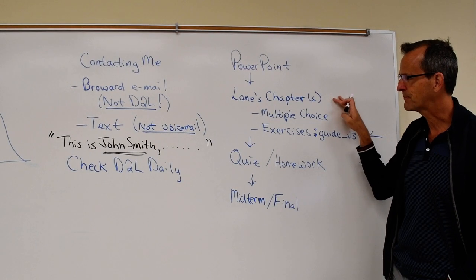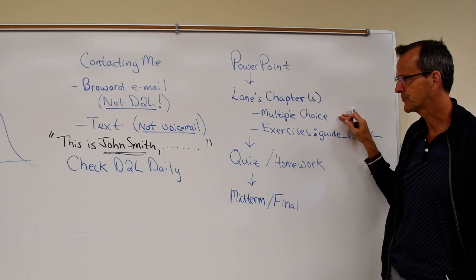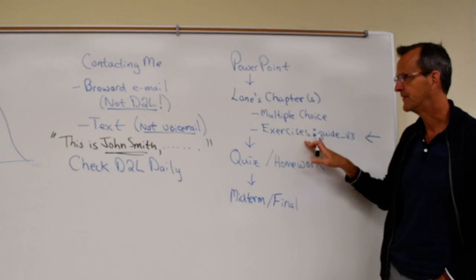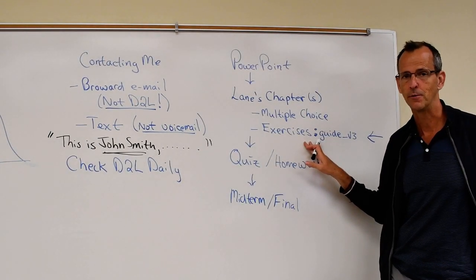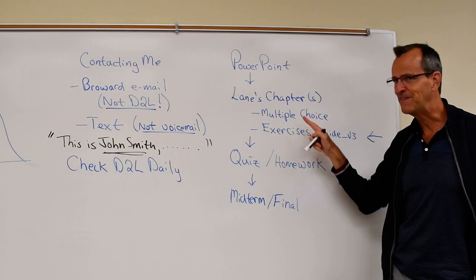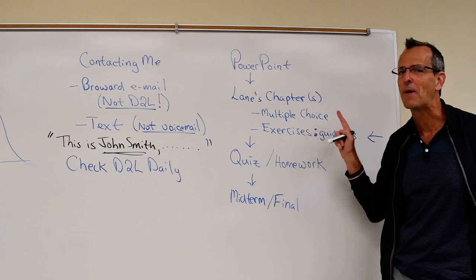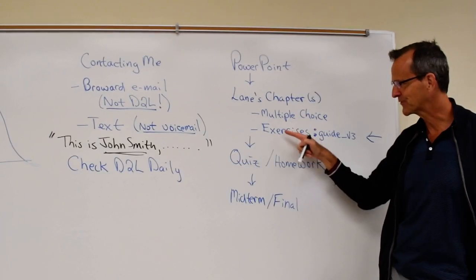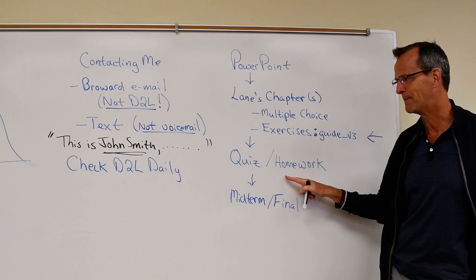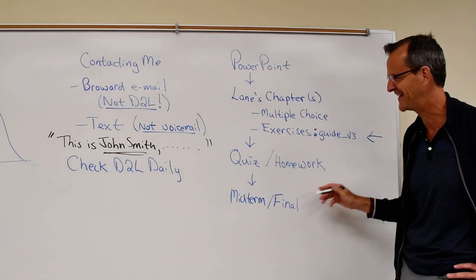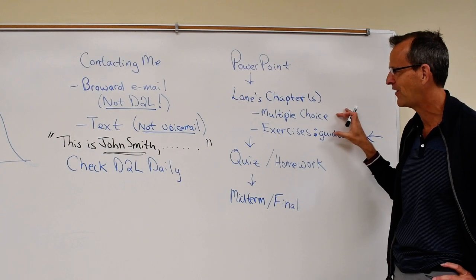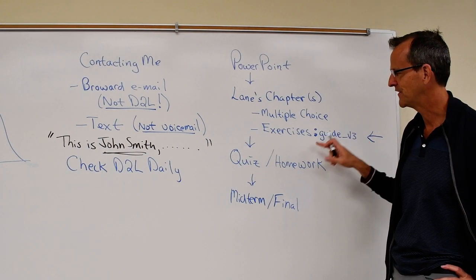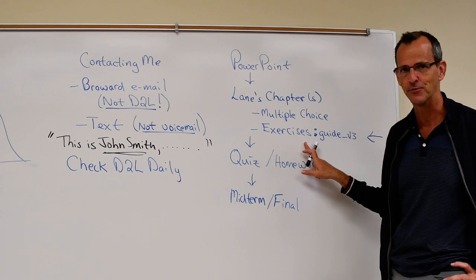Now, Lane's chapters have a series of multiple choice questions and a series of exercises that you normally do. Completing these is key to passing the quizzes. If you skimp on this, you're going to bomb the quiz. So it's very important to always do multiple choice and exercises from Lane's book.